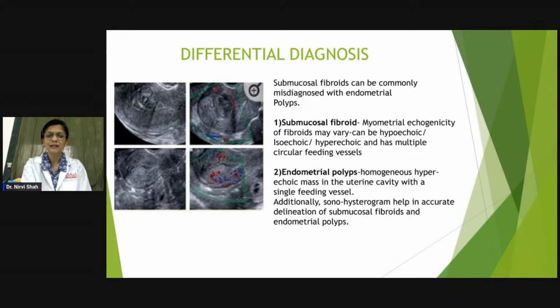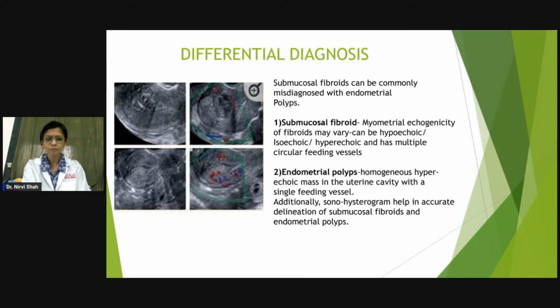Yeah, so like I said, a submucosal fibroid is usually hypoechoic and it has multiple or circular feeding vessels, whereas for an endometrial polyp, the pathognomonic sign is a single feeding vessel. Okay, it's a single feeding vessel here.